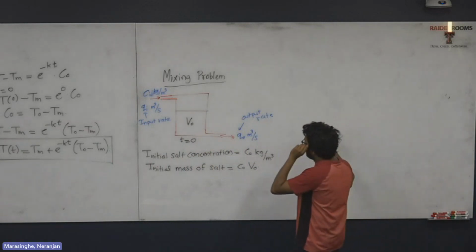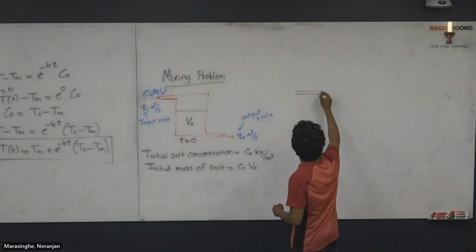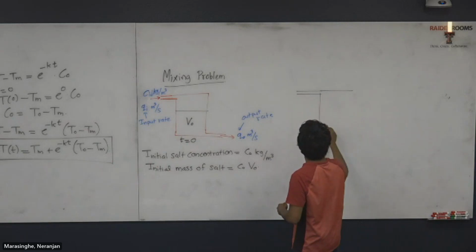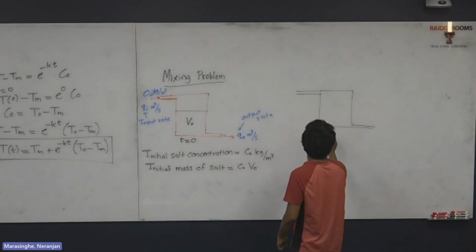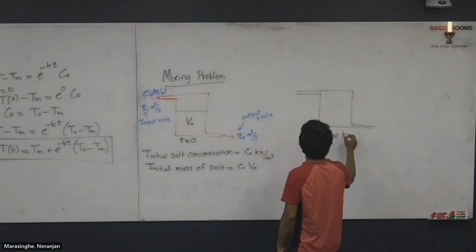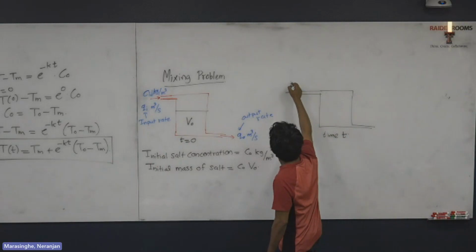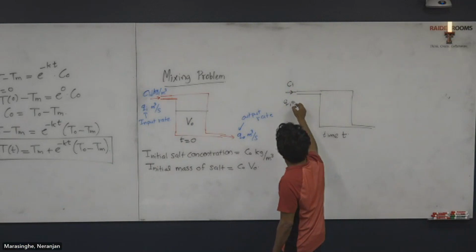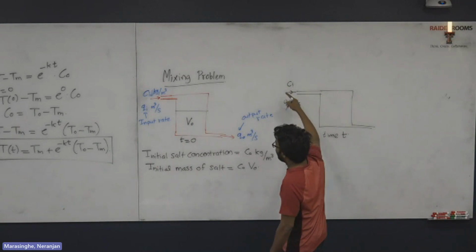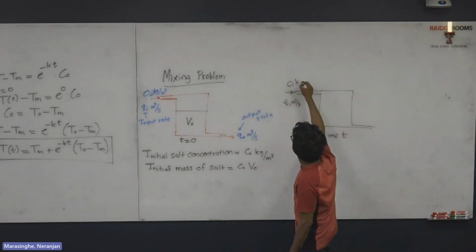Now suppose after time t, what would happen? This is at time t. The liquid is flowing in at a rate of Qi, and the liquid flowing into this tank has a concentration of Ci.